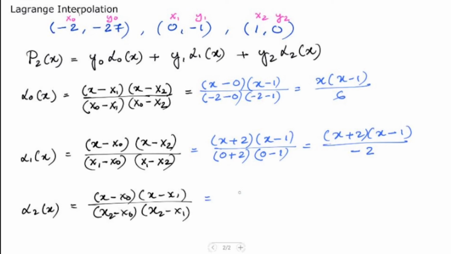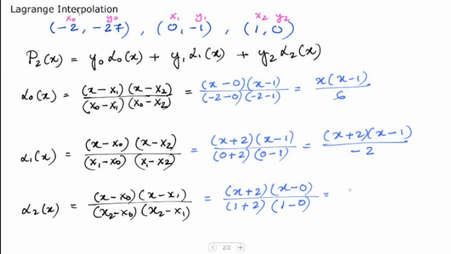For L2 we have x minus x0, so plus 2, times x minus x1, which is 0, divided by x2, which is 1, minus x0, so 1 plus 2, times x2 again, 1 minus x1, which is 0.